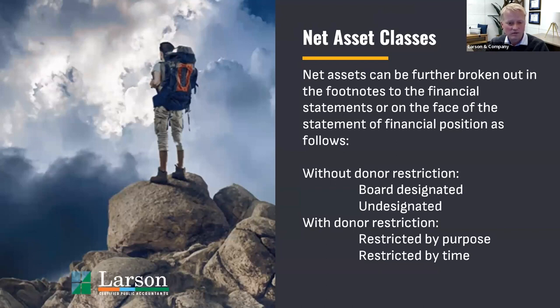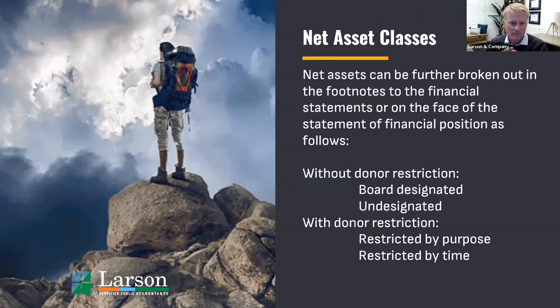And with the with donor restriction classification, you can also break that out by the restriction type. If it has a purpose restriction, you have to spend the funds on a specific purpose, then you would include that in the restricted by purpose. And if it is due to time, so promises to give or future periods, those are inherently time restricted.